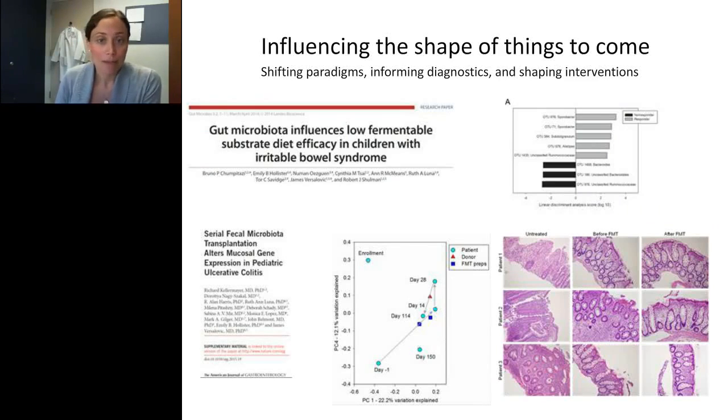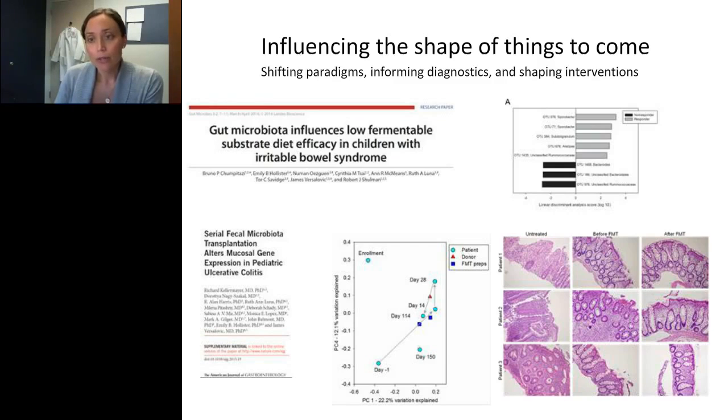Other work that we've had ongoing has been looking at dietary interventions. In particular, Bruno Ciampatazzi from our GI division has been interested in looking at children with irritable bowel syndrome and the degree to which dietary interventions like the low FODMAPs diet may be efficacious and have an interaction with the microbiome.